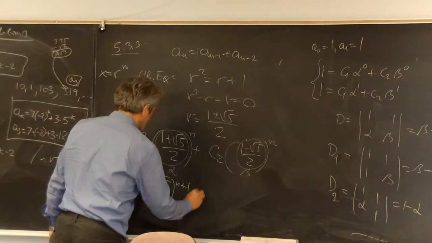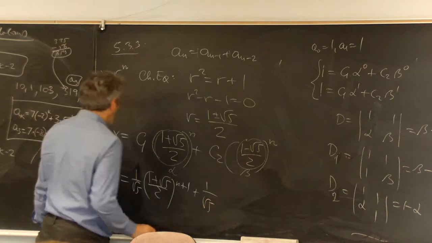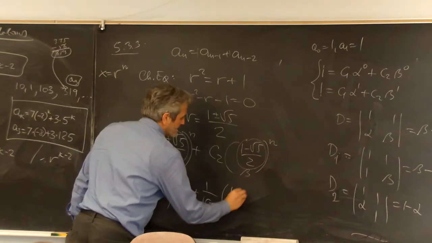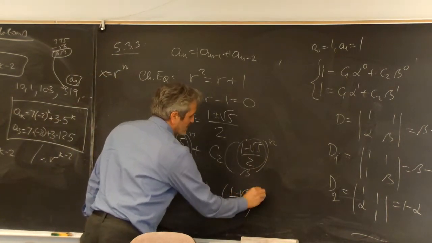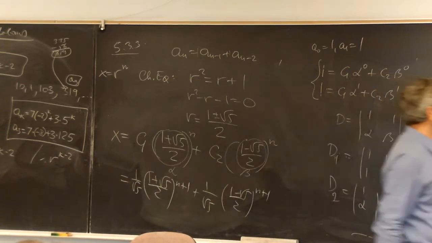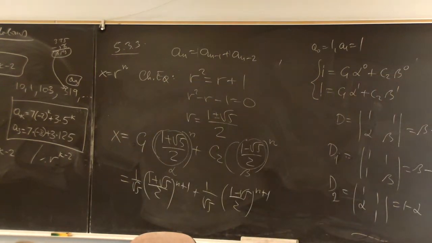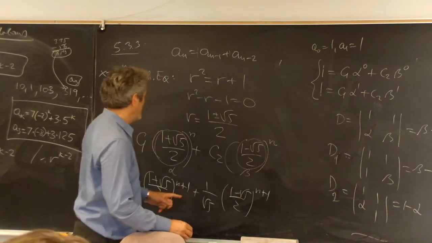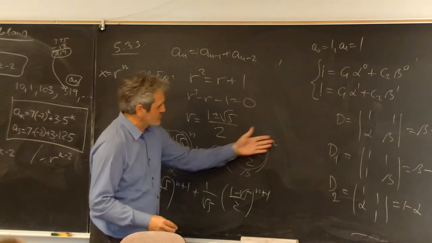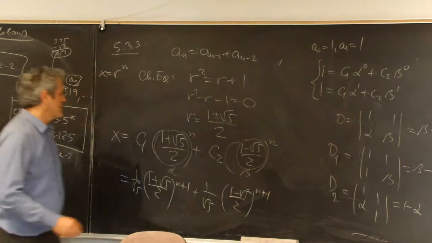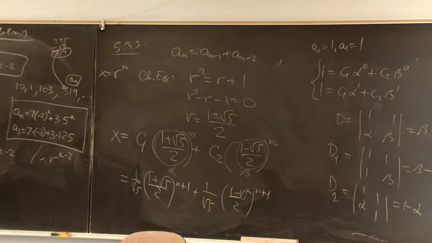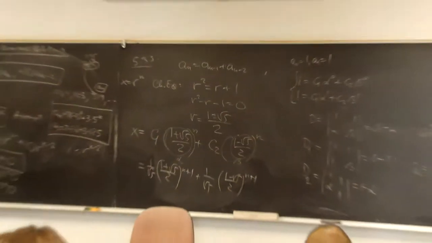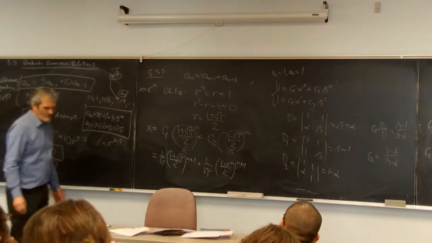And then plus 1 over root 5, 1 minus root 5 over 2 to the n plus 1, because this constant, C2, 1 minus root 5 over 2, joins this power, beta to the n, so that part joins to the n plus 1, there is only 1 over root 5. And maybe it's minus.